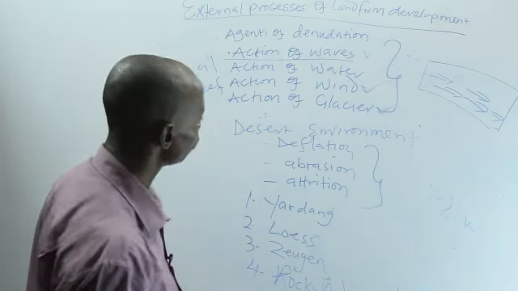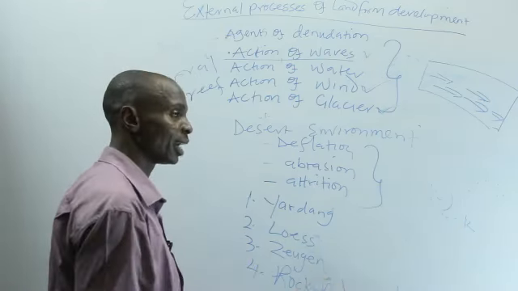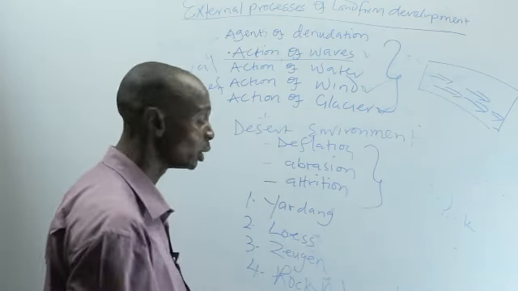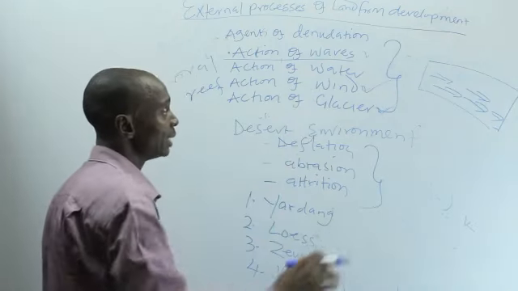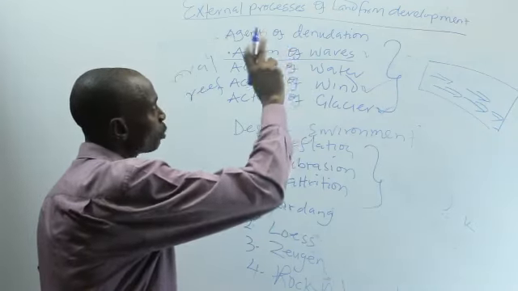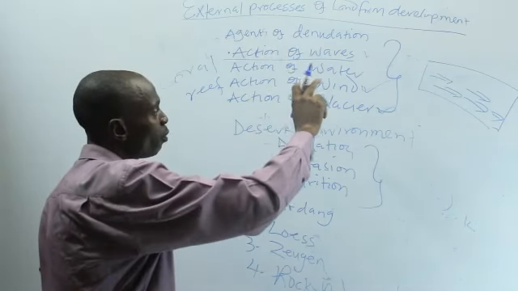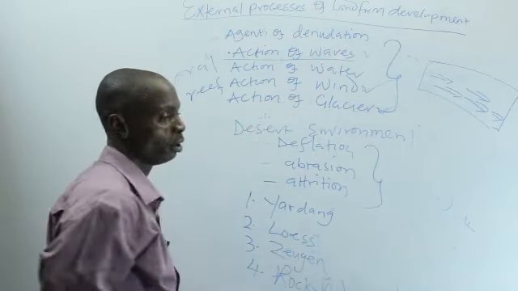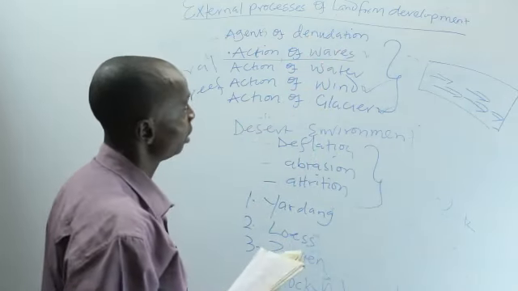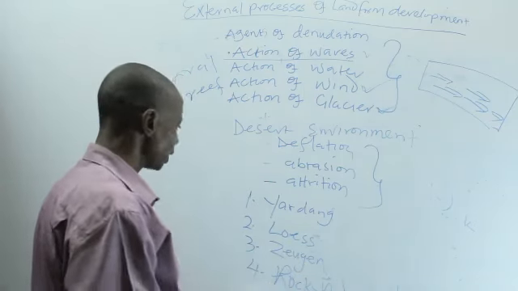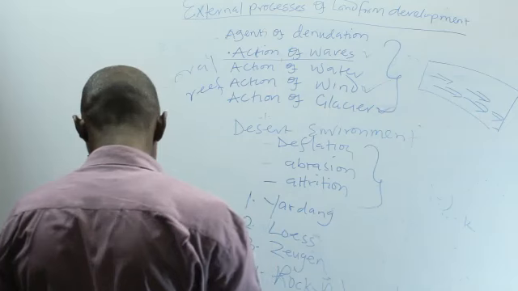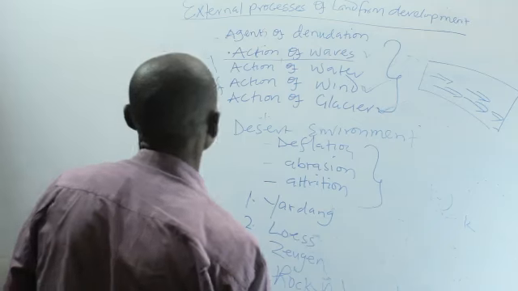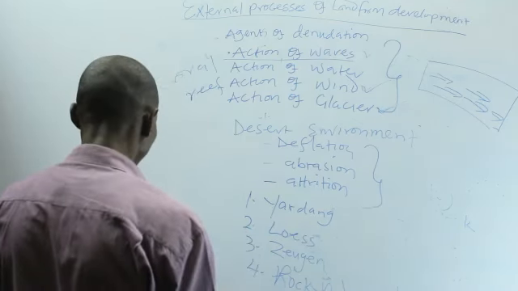So as this water moves, it carries the material along, and these materials are either dragged or jump, depending on the way the water carries it. This process of carrying the material from one place to another can lead to a certain formation of landform on the surface of the earth. So that is what we mean by the external processes of landform development.